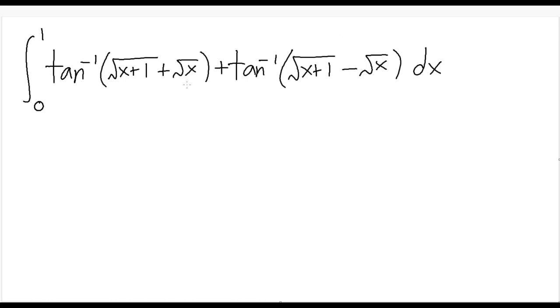Notice that if I conjugate this, let me let this be alpha, just a dummy variable.